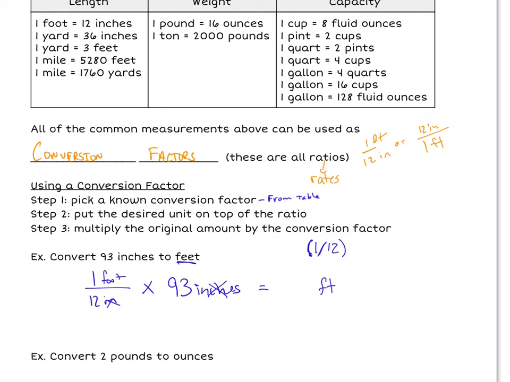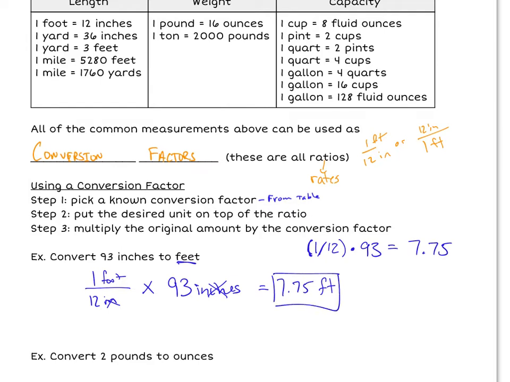That puts this conversion factor into something I can use in my calculator. And then you'll hit times 93, and you'll hit equals. And when you hit equals, you should get 7.75. So we know our answer is 7.75 feet.